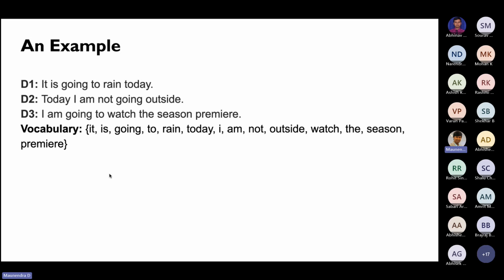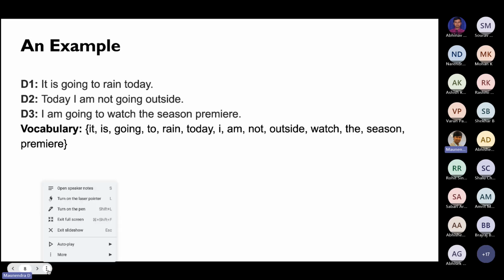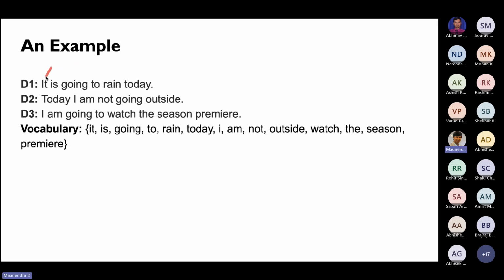So whatever is the output of this splitting is called a token. Every single thing that we get out of this, let's use the term word here, is a token. So "it" is token number 1, "is" is token number 2, "going" is token number 3, and so on for the first document.